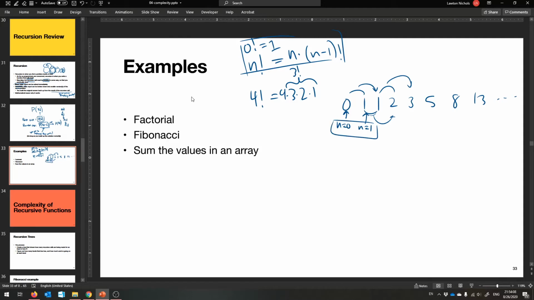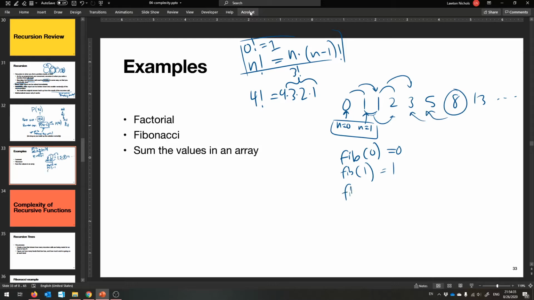All right, so fib of 0 equals 0. Fib of 1 equals 1. And then we can do recursion because you can see that the value of Fibonacci of this n is whatever the sum of Fibonacci of n minus 1 plus n minus 2 is.